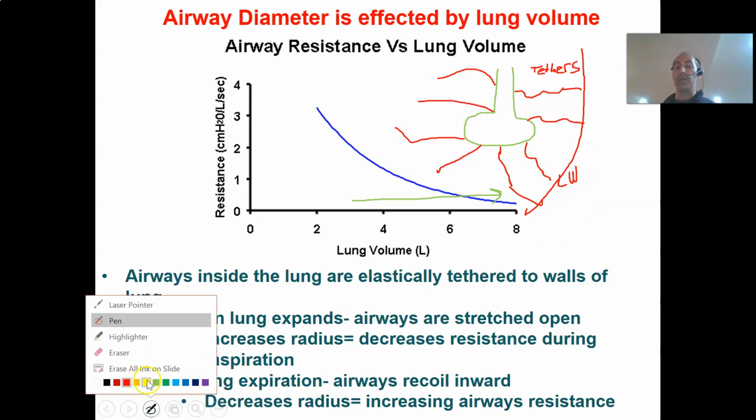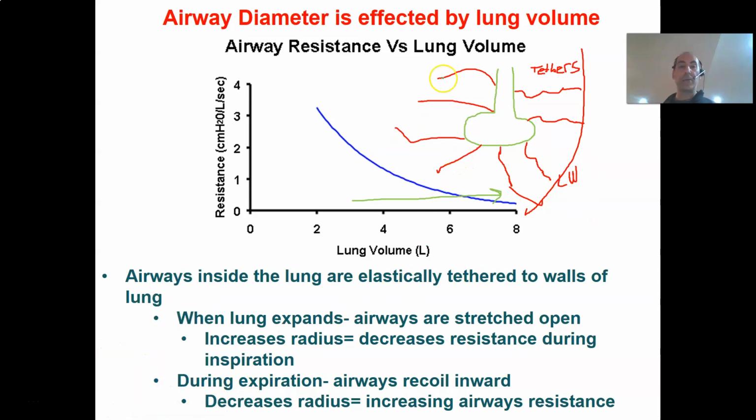This should be review. It should seem vaguely familiar. Right, and this area in here is the intrapleural space, right? And the intrapleural space is filled with water, interstitial fluid. And then this area here is the chest wall.